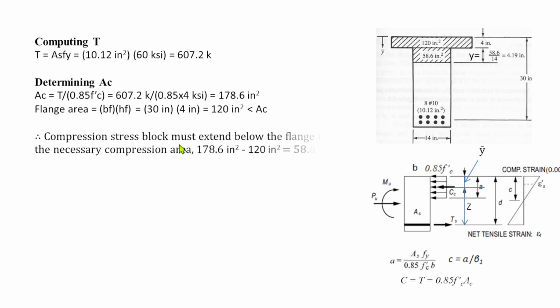The compression block must extend below the flange to provide the necessary compression area, and the excess is 178.6 minus 120 square inches, that is equal to 58.6. This is the extra area that extends below the flange.